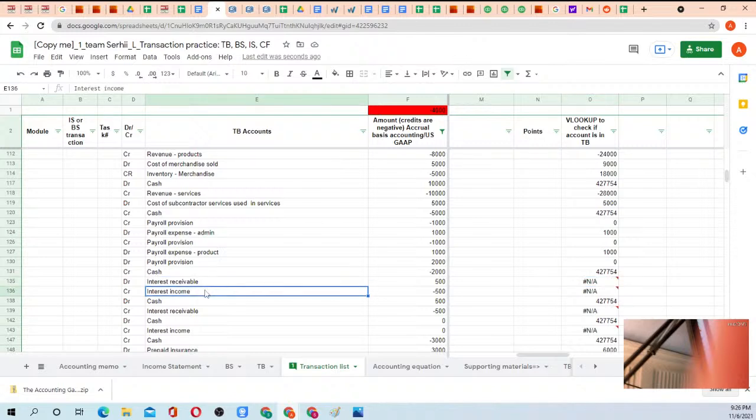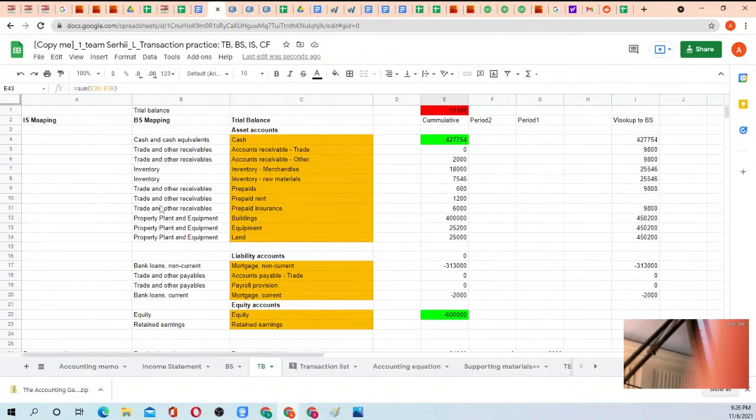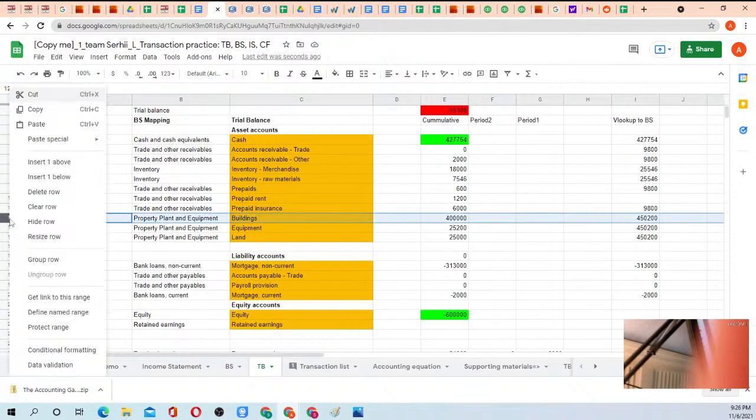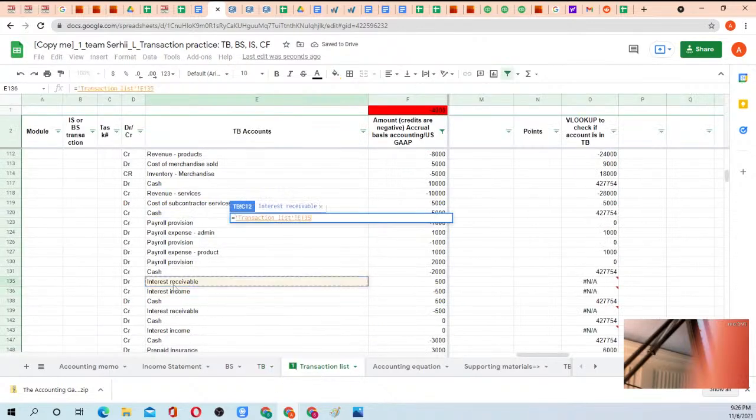We have interest income here and interest receivable. So I go to the trial balance and I go probably to trade and other receivables, and I add interest receivable here.